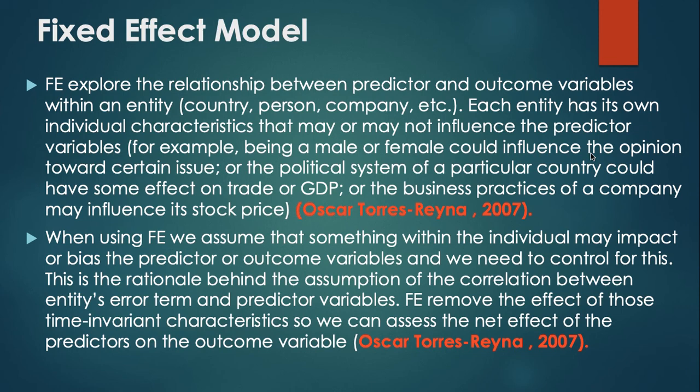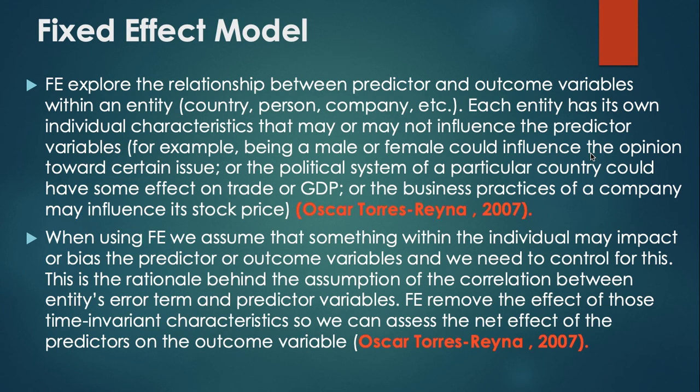So what is the fixed effect? The fixed effect explores the relationship between predictor and outcome variables within an entity, could be country, person, company. Each entity has its own individual characteristics that may or may not influence the predictor variables.